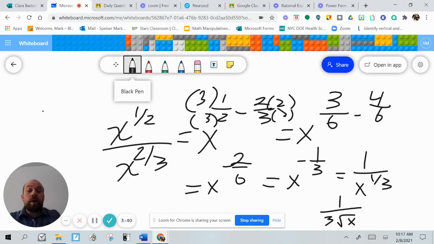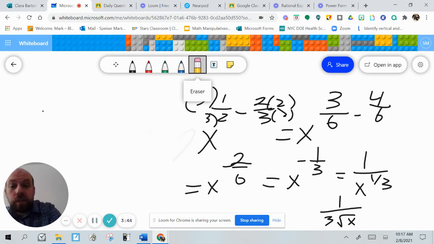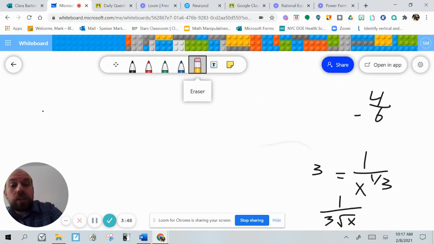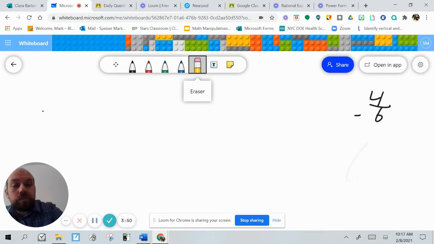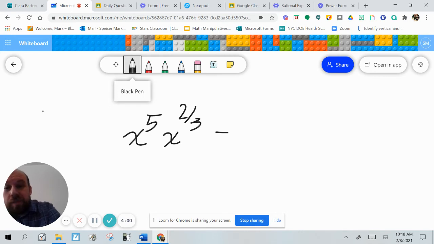One thing, let's say you had a whole number, and you are multiplying. x to the 5th times x to the 2/3. The same thing as x to the 5 and 2/3.